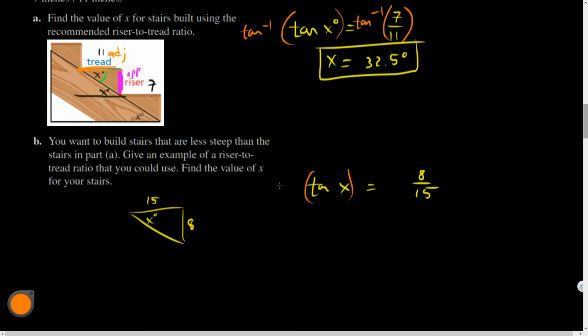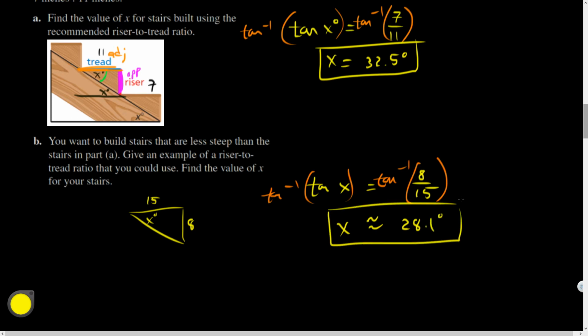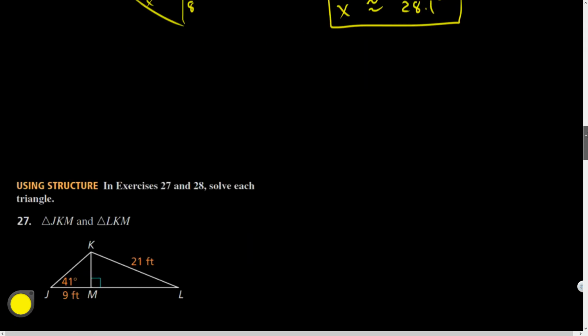And I would tan inverse both sides. All right, I've got to pick up the pace here. How long is this video going? Only 11 minutes. Okay, so x is approximately tan inverse of 8/15. I got 28.1, but it sounds as though you could have had multiple values. Last problem.